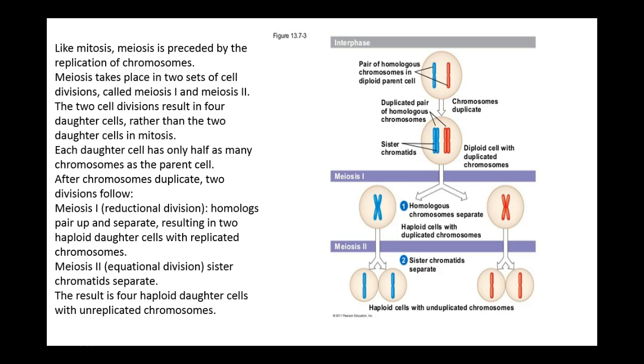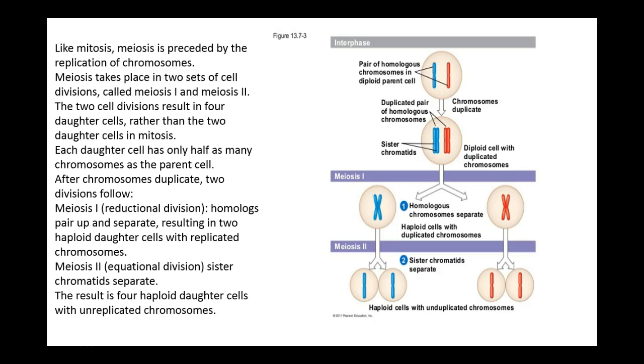But meiosis takes place in two sets of cell division. We call it meiosis 1 and 2 because it's very important you keep straight whether you are in meiosis 1 or meiosis 2. Two cell divisions result in 4 daughter cells rather than the 2 daughter cells you have in mitosis.